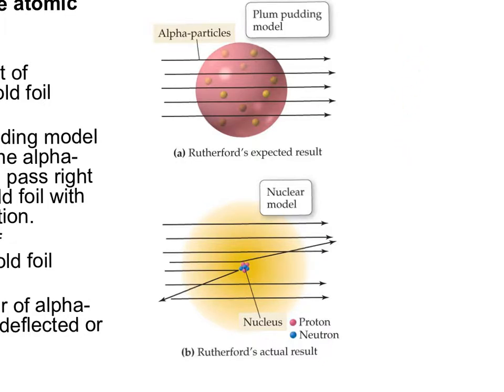Remember, it kind of looked like this. There's the film or the detector. The gold foil was here. And so the alpha particle would just go right on through, essentially, and hit the back side. However, what he noticed was some of them did go through, but then some of them actually got reflected at different angles and hit along the sides. So therefore, it couldn't be plum pudding.